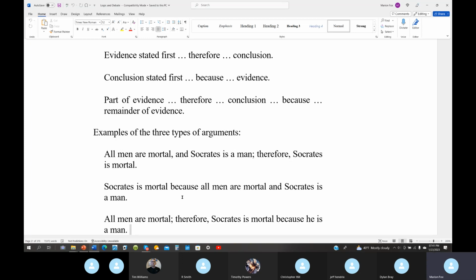Examples of the three types of arguments are: all men are mortal, and Socrates is a man, therefore Socrates is mortal. All right? And that's what we have here. Now, it's the first one. And the second one is: Socrates is mortal because all men are mortal, and Socrates is a man. That's worded differently. They both say the same thing. And last: all men are mortal, therefore Socrates is mortal because he is a man.